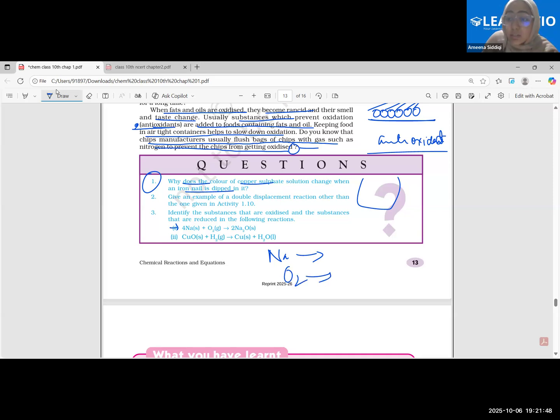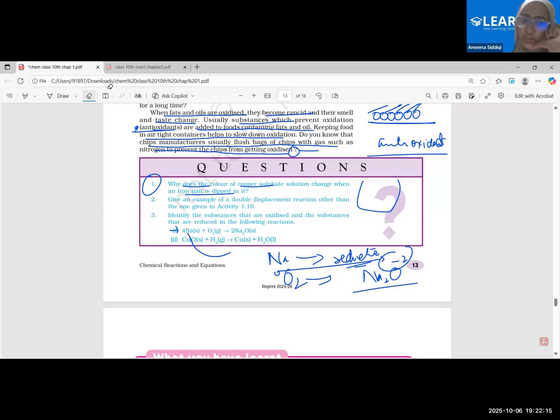O2 is getting reduced. Why? See, O2 here is in the O2 form, which has zero oxidation state. If it is present in Na2O, it is minus 2. What is 0 to minus 2? Reduction. Yes or no? So it's not only oxidation. It's both, redox. It's oxidation and reduction.